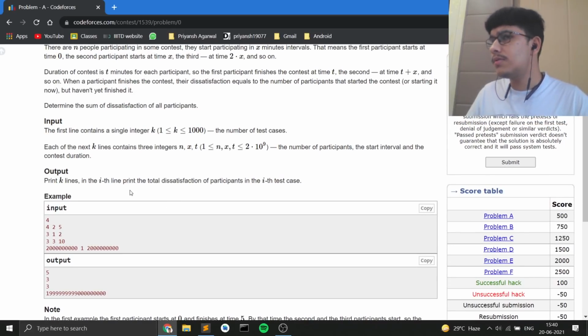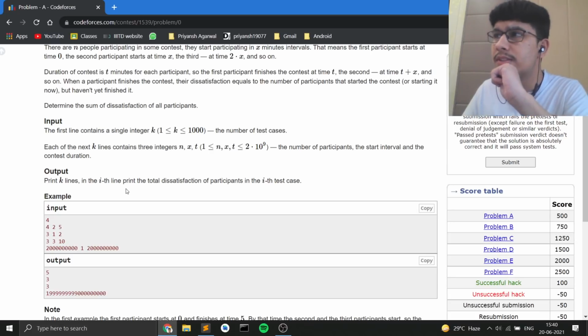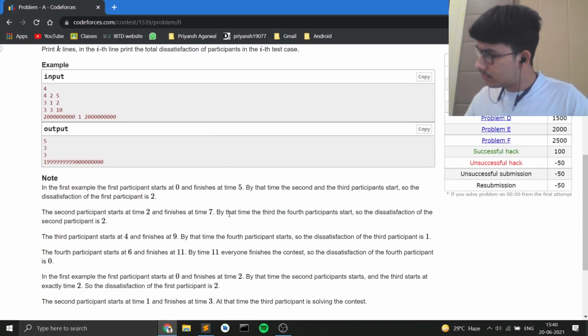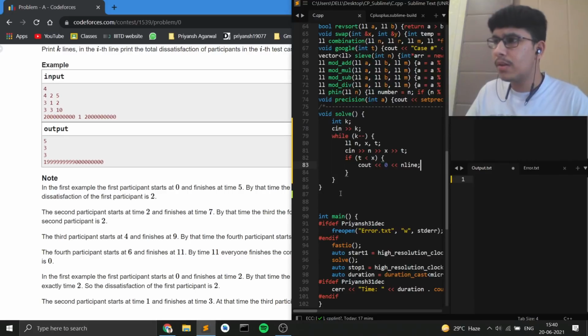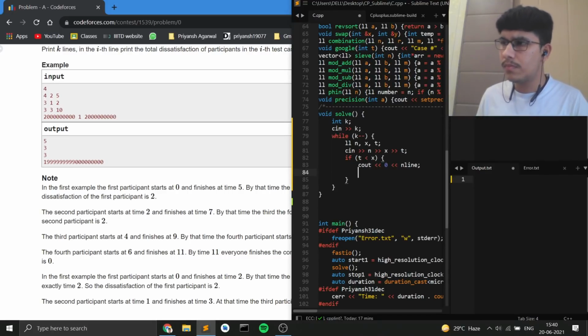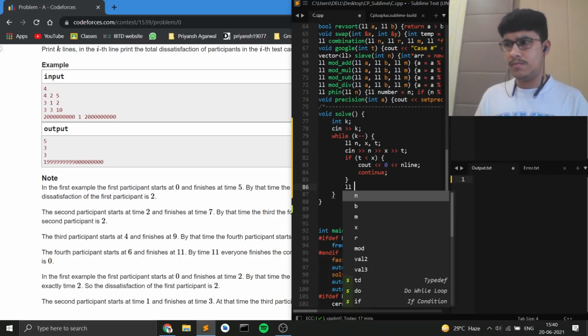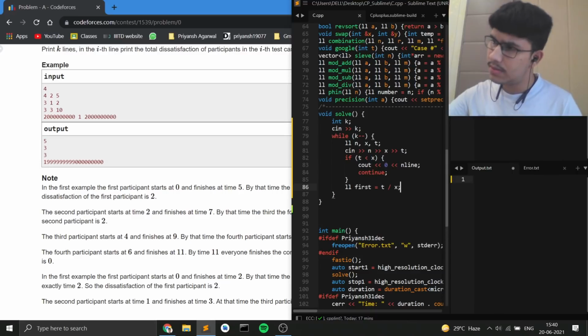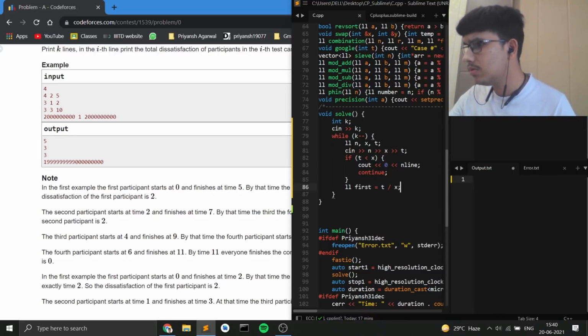So dissatisfaction equals the number of participants that started the contest or are starting it now but haven't finished it yet, right? So that will be T by X, right? These many participants we can include.